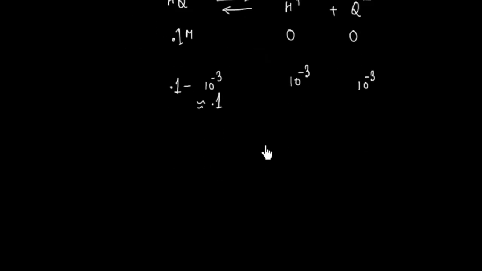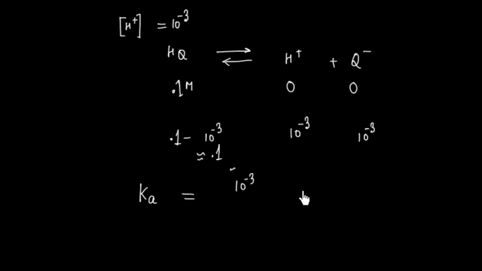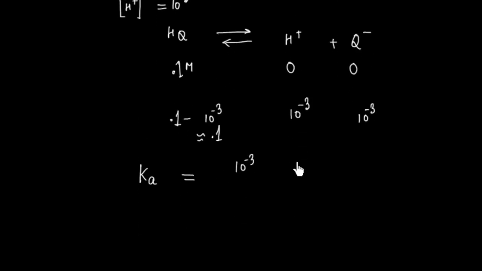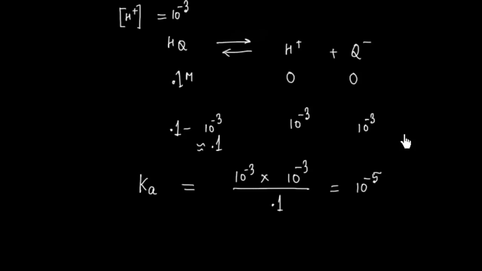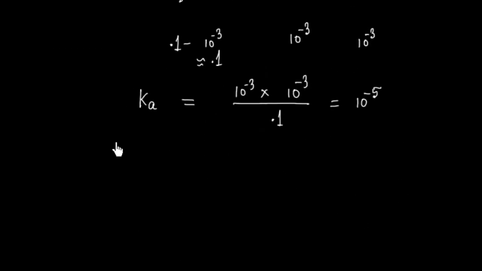With this assumption, K at equilibrium is concentration of H plus, 10 to the power minus 3, into concentration of Q minus, again 10 to the power minus 3, divided by concentration of HQ, that is 0.1. So this comes out to be 10 to the power minus 5. So in this case the answer is option 2, the right answer for the dissociation constant.